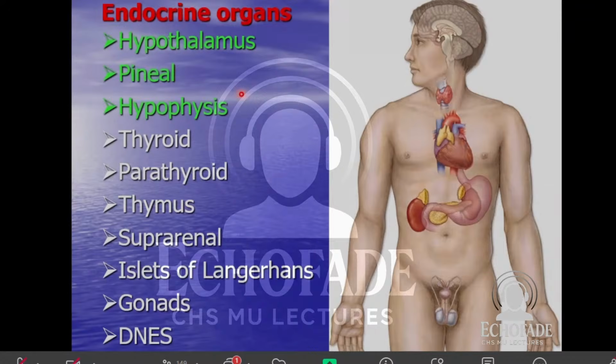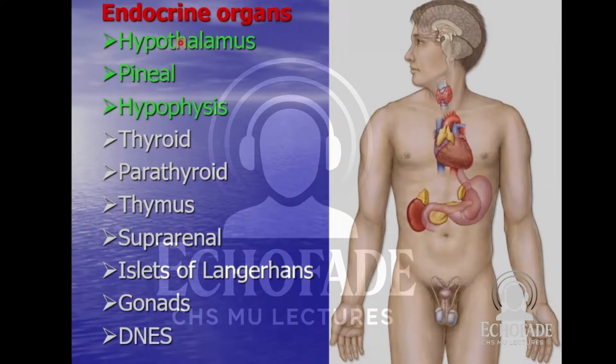Let me just repeat. What I put here is the central endocrine organs, and these ones are the peripheral endocrine organs. Some of the central endocrine organs regulate peripheral endocrine organs. Among the central is the hypothalamus, which is part of the brain, just below the thalamus. It originates from the diencephalon.